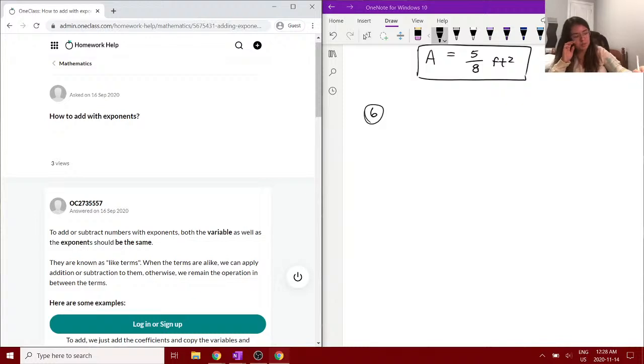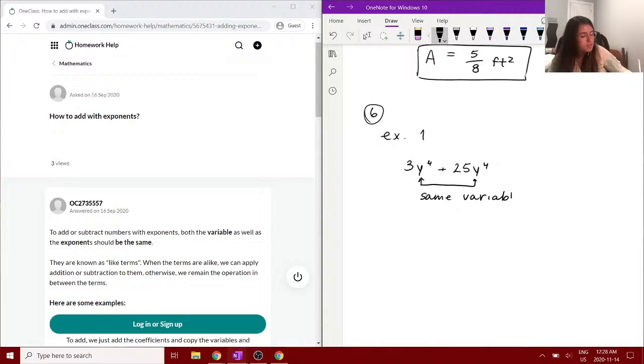So let's look at a couple of examples. Example number 1, we have 3y to the 4 plus 25y to the 4, okay? Looking at these variables, we have y and y, so we have the same variable, right?